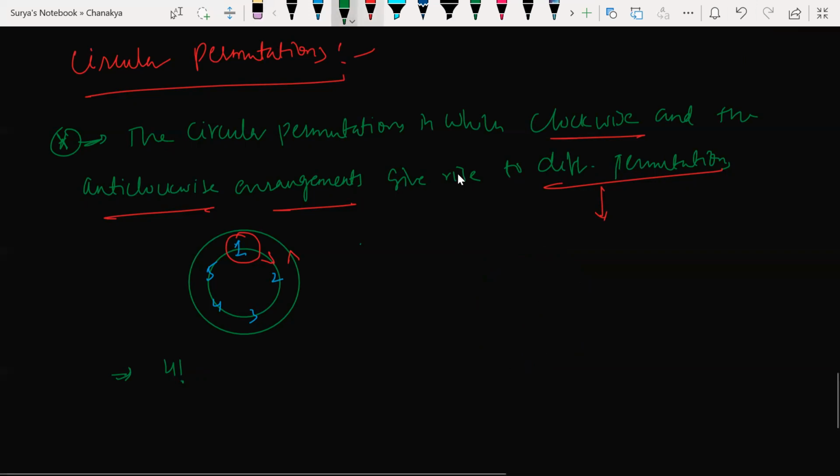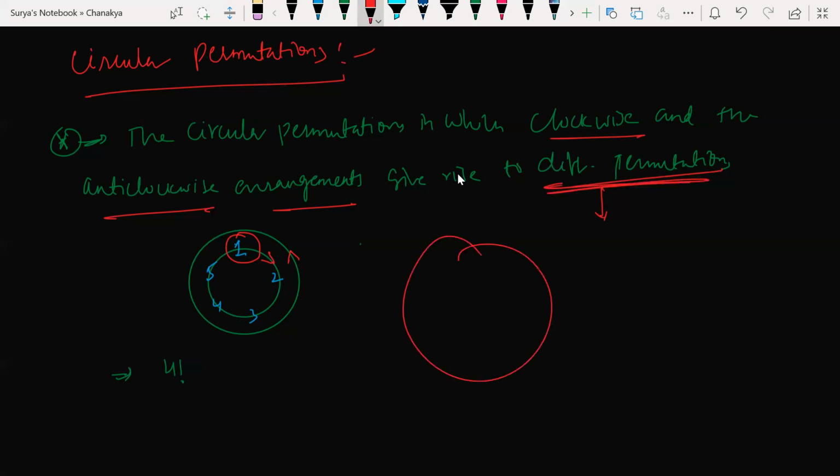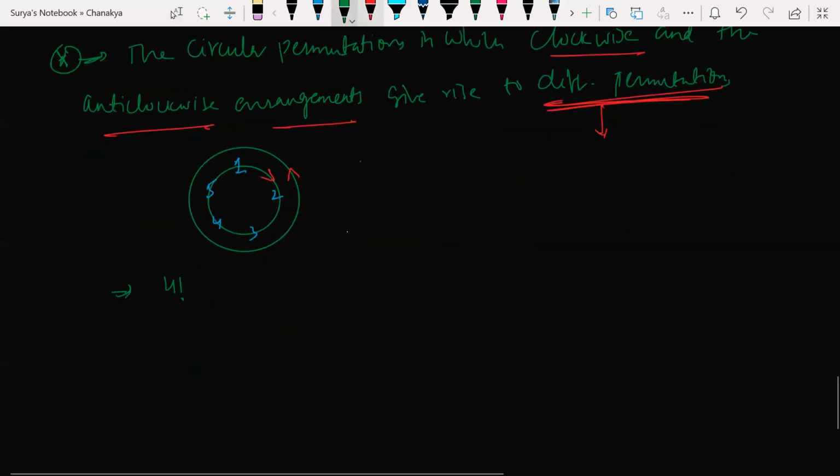All right. When a circular permutation has clockwise and anti-clockwise arrangements giving different permutations, I'll be applying the formula called N minus 1 factorial. Everyone write the note here.